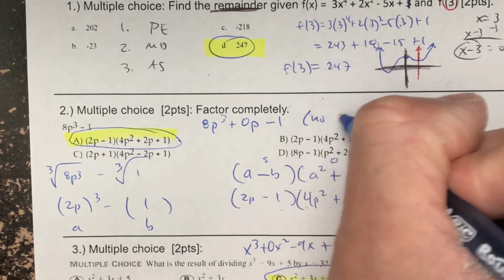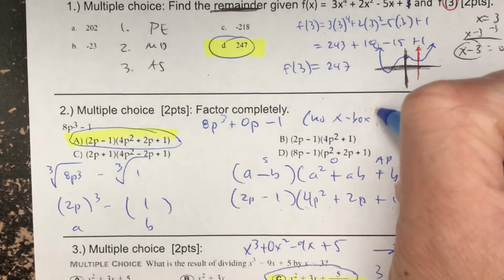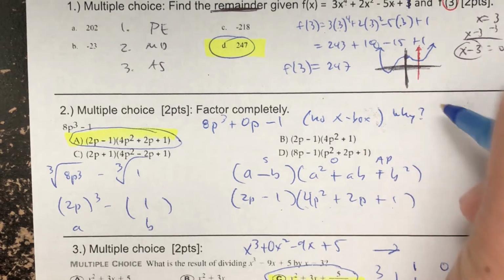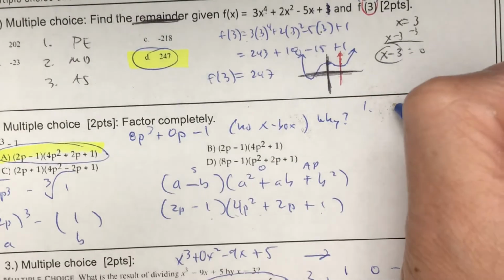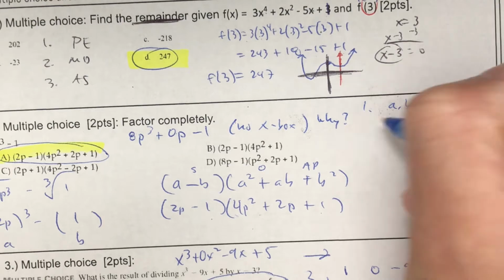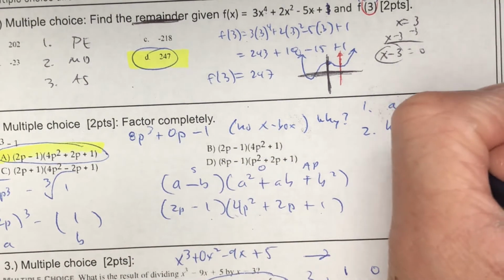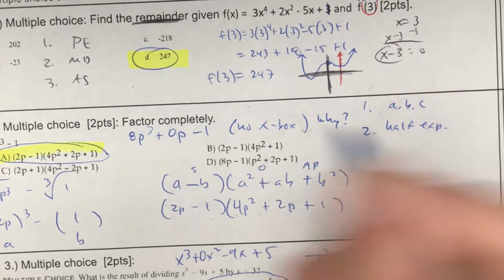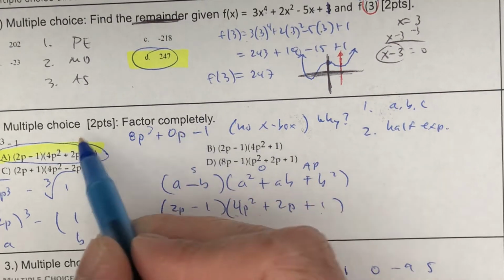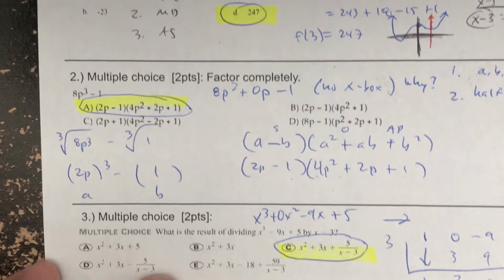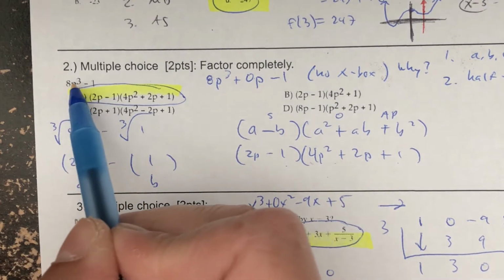So no Xbox. Why? Because you need an A, B, and C, and half of the exponent is not 1.5. Okay, so now you're left with same thing, original problem, 8p to the third minus 1.